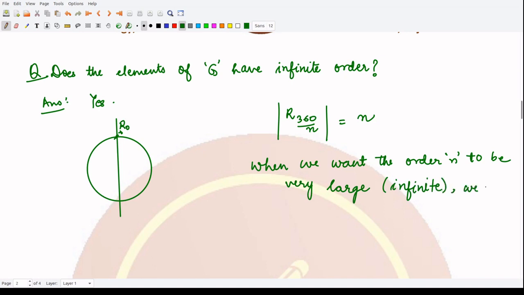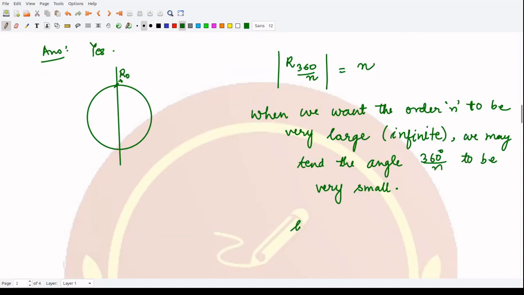We may tend the angle, which is 360 degree by n, to be very small. We want our limit n going to infinity for R of 360 divided by n.